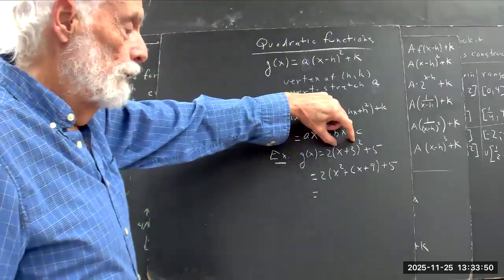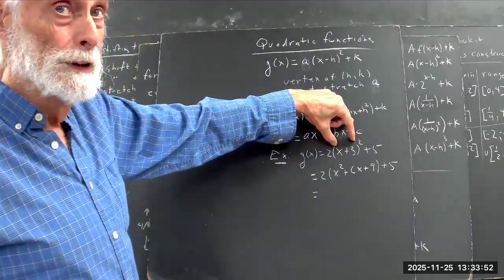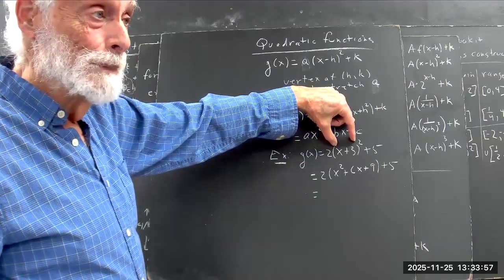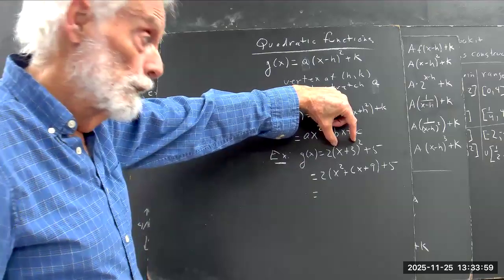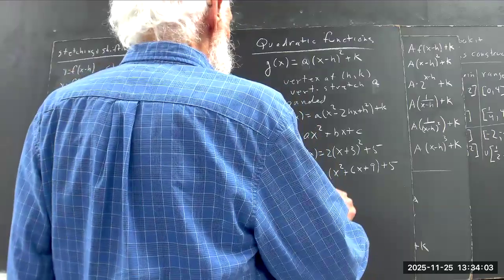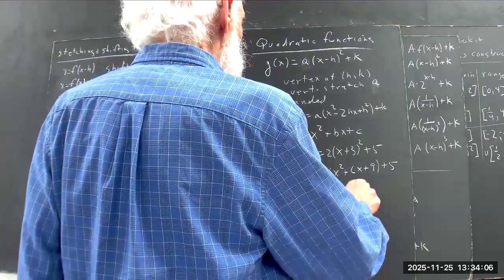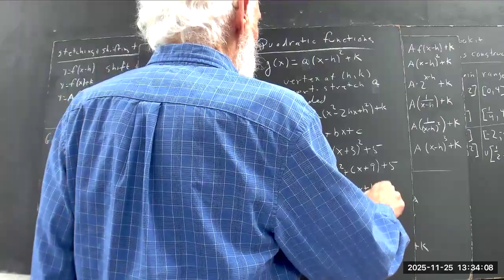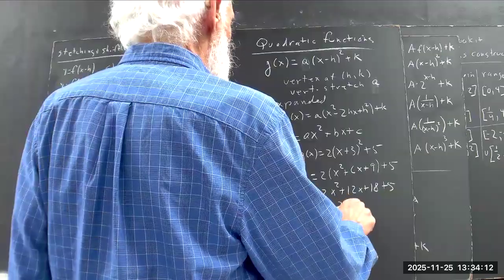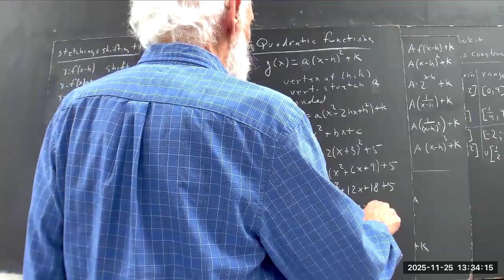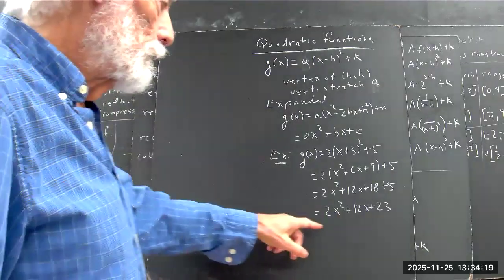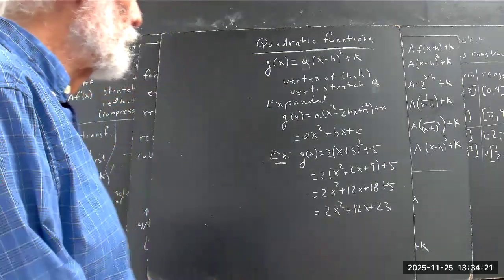And I assume you can use the distributive law to square x plus 3. If you can't, email me. Okay. But I'm not going to take time in this overall review because we've stressed the distributive law a number of times. If I've done my arithmetic right, this is 2x squared plus 12x plus 23.